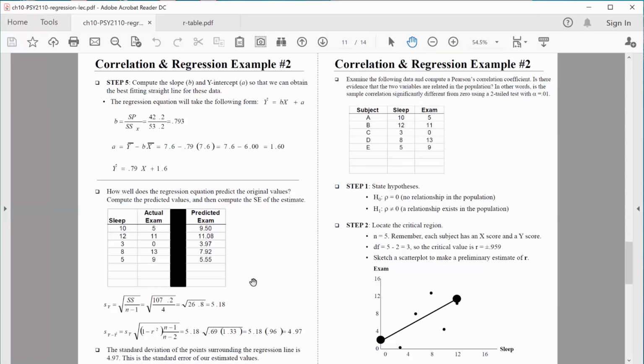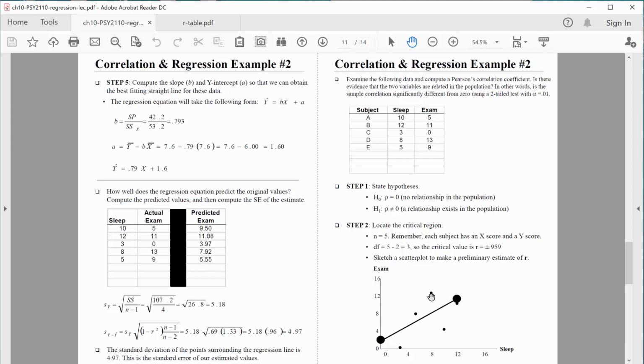So that is the standard error of the estimate. That is the standard deviation of these points surrounding this regression line. That's telling us how much the predicted values, right here on this regression line, differ from the actual values on average.